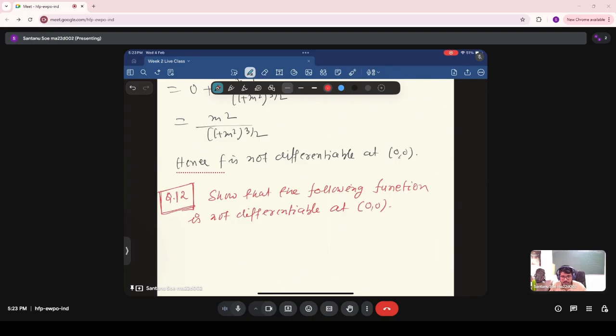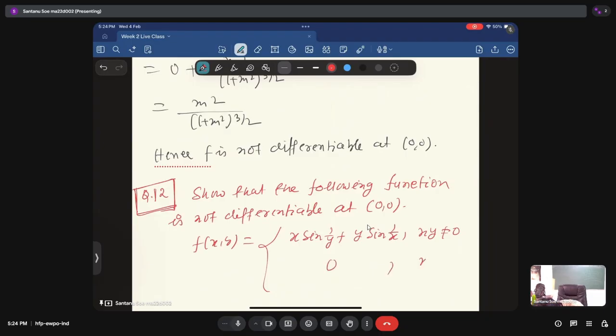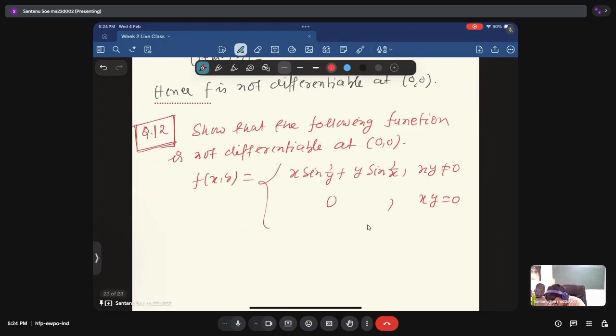So we have to show that this function is not differentiable at (0, 0). The function is given by x sine 1 by x plus y sine 1 by x when xy is non-zero, and 0 when xy is 0. Okay.